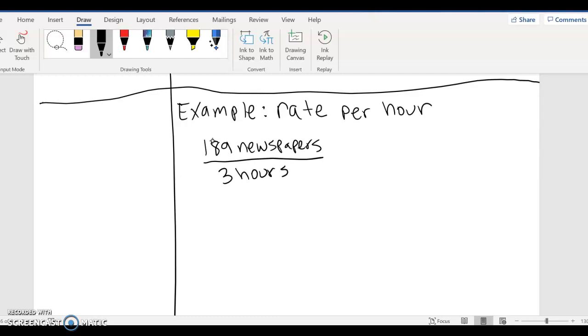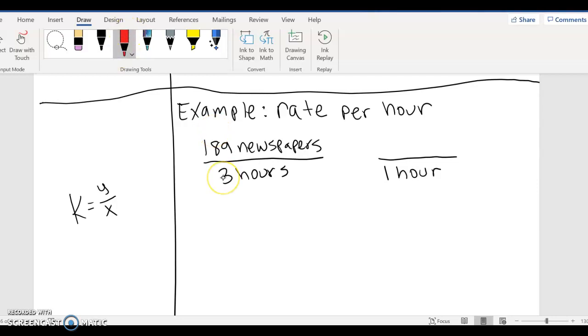Okay, so I just set up the rate like that, 189 newspapers in 3 hours. So we want the unit rate, or the constant of proportionality, which means the same thing. So we need to figure out how many newspapers she can deliver in 1 hour. In order to do that, we're doing the same thing we were doing last week. Everything follows that same equation, k equals y divided by x. So we already have it set up here.